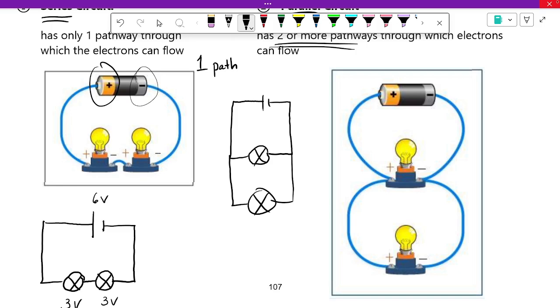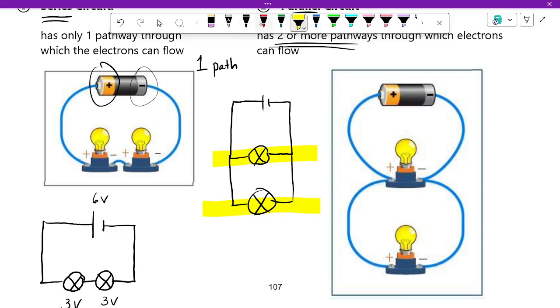You can see how it makes sense now that we call them parallel, because those two pathways are parallel to each other, yes? So 2 paths is parallel, 1 path is series.